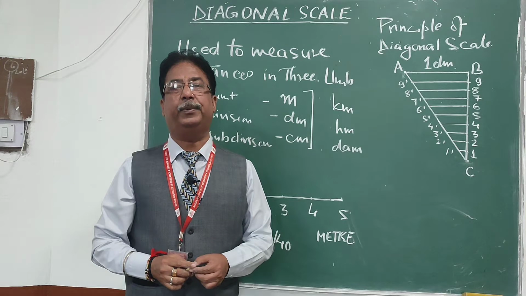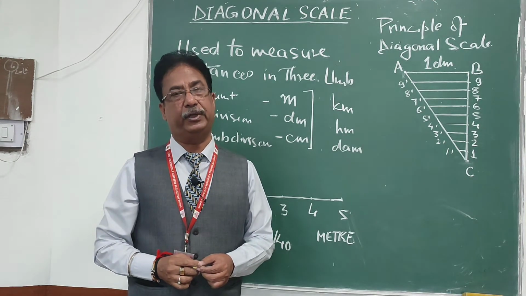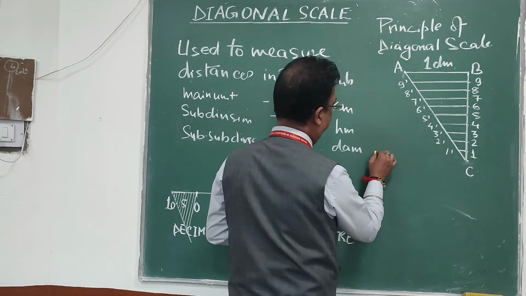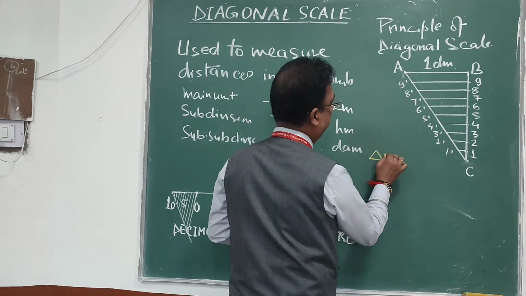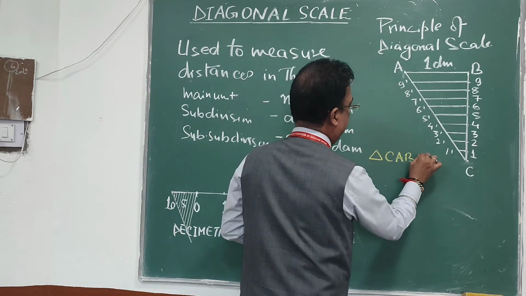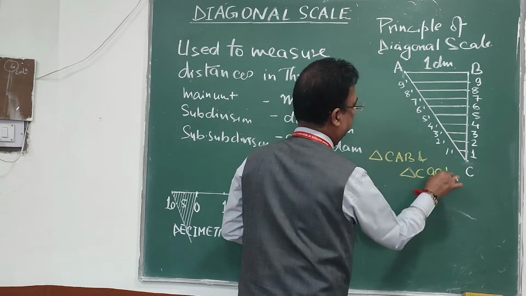And you know that the property of similar triangles is that the ratio of the sides of the triangles remains the same. So I am going to compare two triangles from this. The biggest one, that is CAB, and the second triangle, that is C9 9 dash.